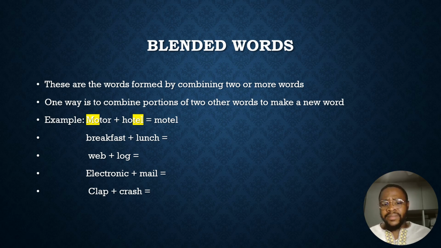So it becomes a motel. It's a blended word. We took a portion, mo, that I highlighted, and we took another portion, tel, from hotel. We put them together. We didn't take the whole word. Remember, with compound words, we took everything, but with blended words, we just take portions.